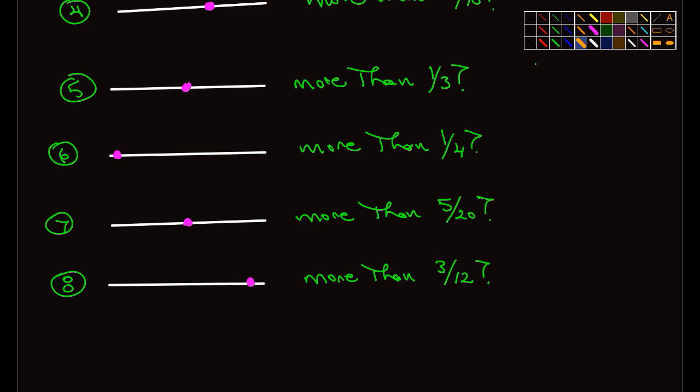Number 7, is that pink dot more than 5/20 across this line? That's what I'm asking. And number 8, is this dot here more than 3/12 across this line? That's what I'm asking. So I want you guys to answer just yes or no for 8 through 10.